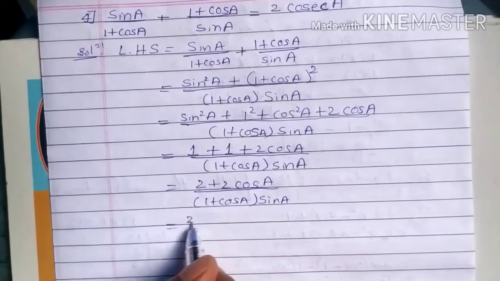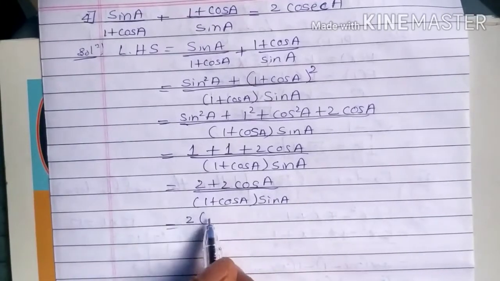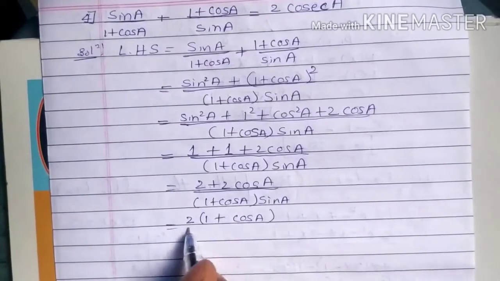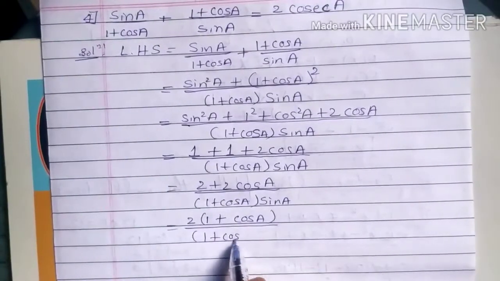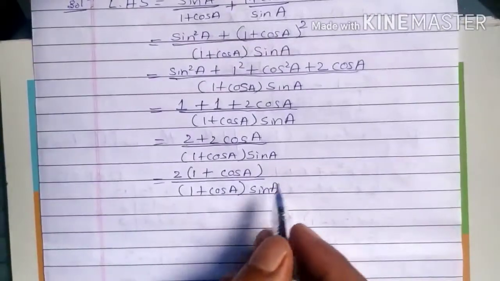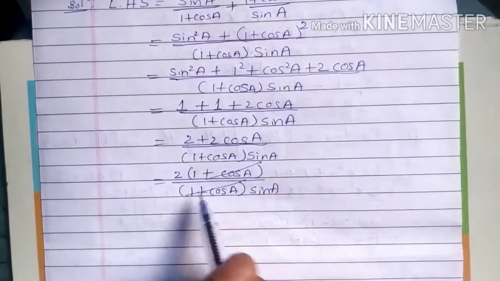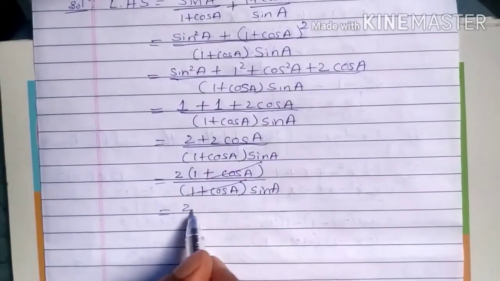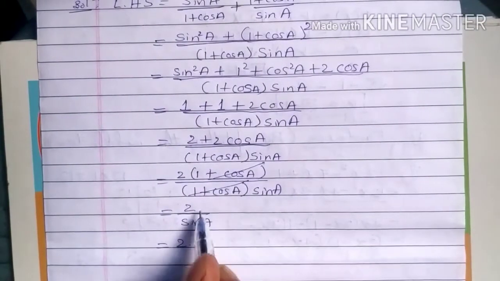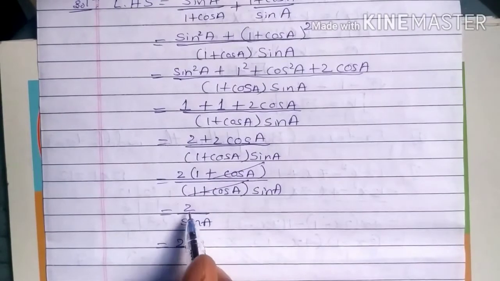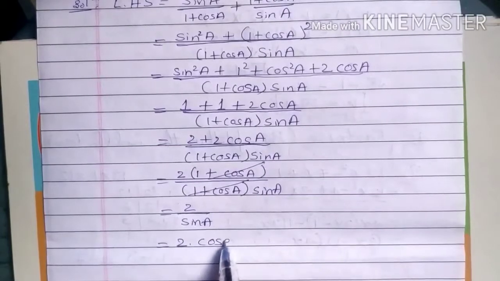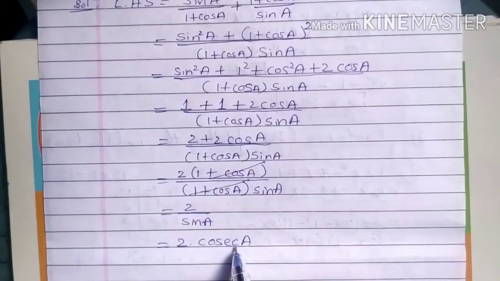From these two terms I can take 2 common outside. Taking 2 common, 2 ones are 2, plus 2 ones are 2, divided by 1 plus cos A into sin A. Now 1 plus cos A and 1 plus cos A cancel, so it is equal to 2 divided by sin A, which is 2 into 1 by sin A. 1 by sin A is nothing but cosec A, the reciprocal.